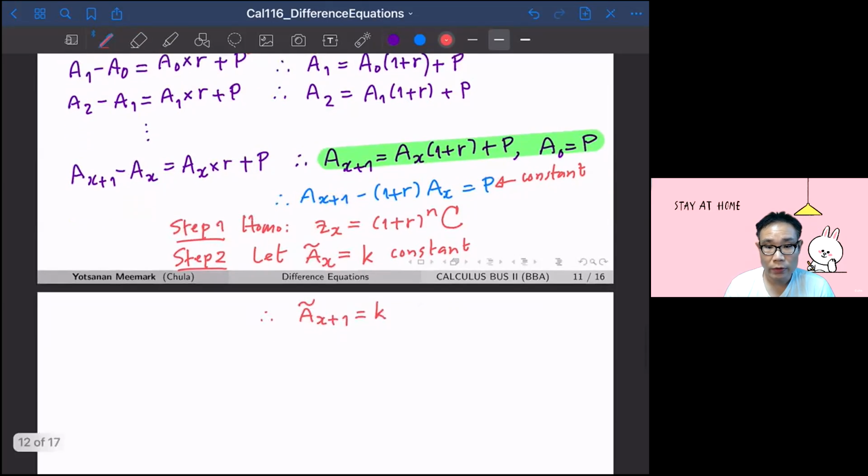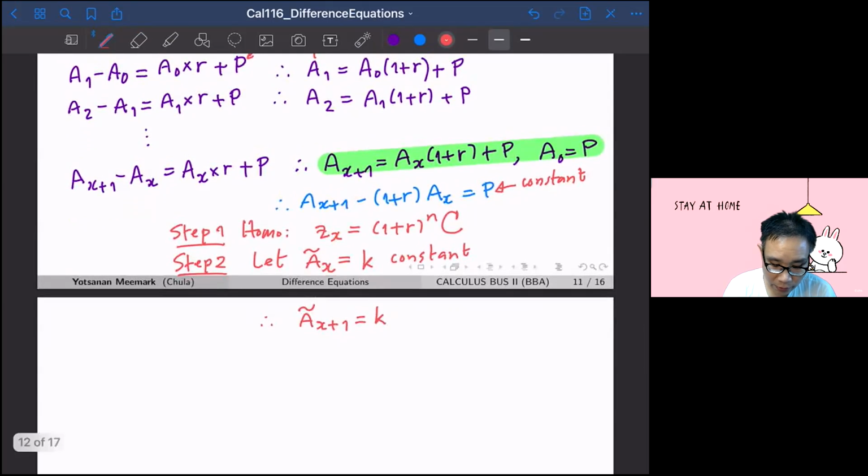Okay, and you would put it into the difference equation. So you're going to put it into the equation and be able to solve for K. So you would have K plus 1, putting it into the equation.